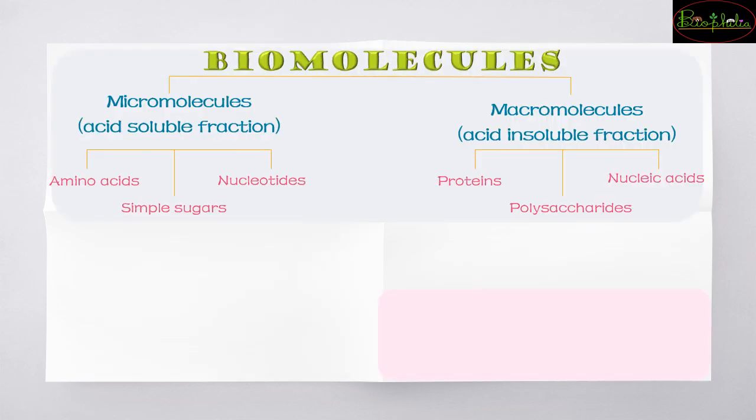When these elements come together in specific proportions, they form the components of the living organism. So when we need to classify biomolecules, we say there are two types based on size, like a big molecule and a small molecule. The smaller molecules are called micromolecules. Since they are smaller in size, they are able to get filtered out through the cheesecloth or the muslin cloth that we used, so they come into the beaker as the acid soluble fraction.